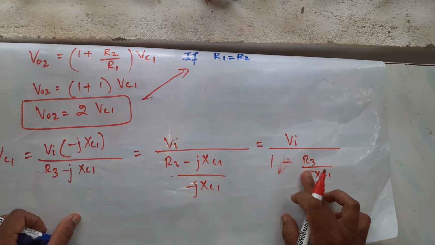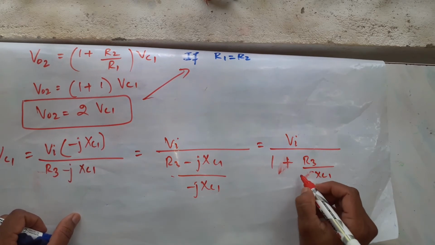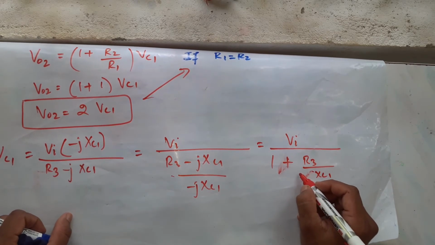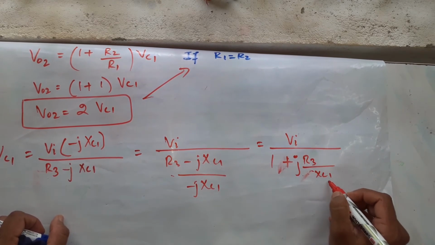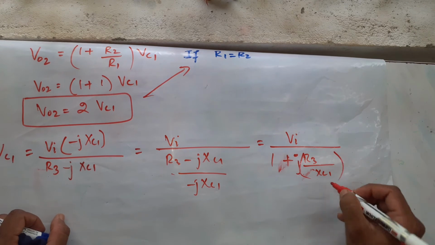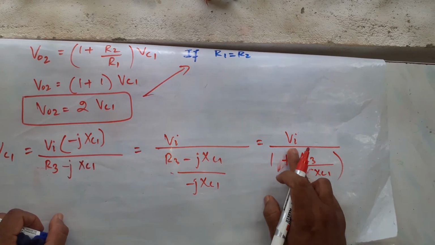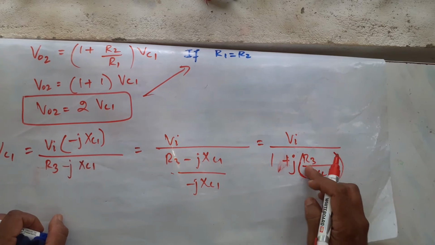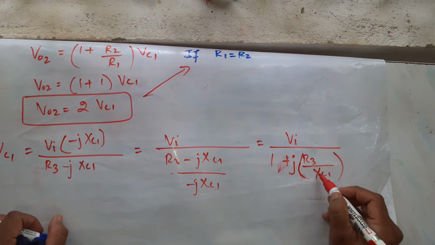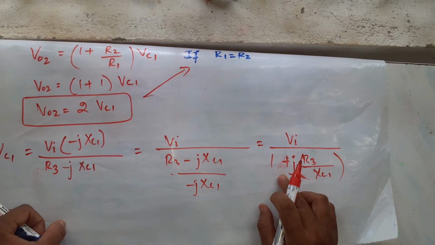So this j I will take up, it becomes plus j, right? It becomes plus j R3 by XC1, R3 by XC1. Okay, so this is how it becomes.